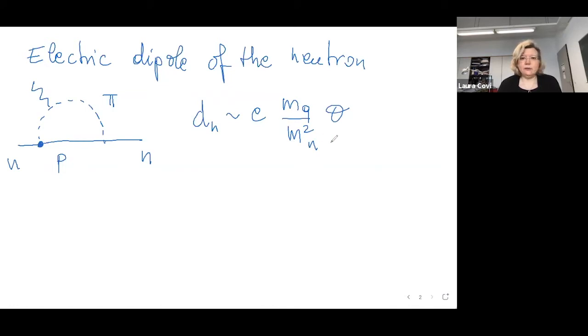This coefficient in front gives you something which is of the order of 10 to the minus 15 theta e cm. Let me see, yeah, probably it's 10 to the minus 16, sorry, I made a mistake here.